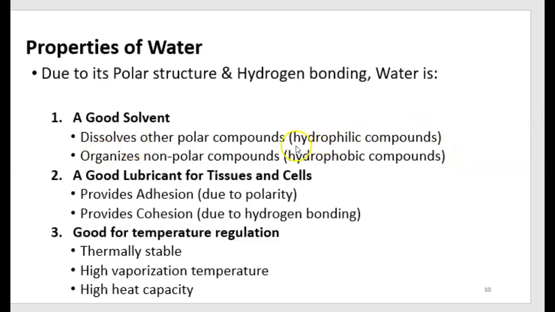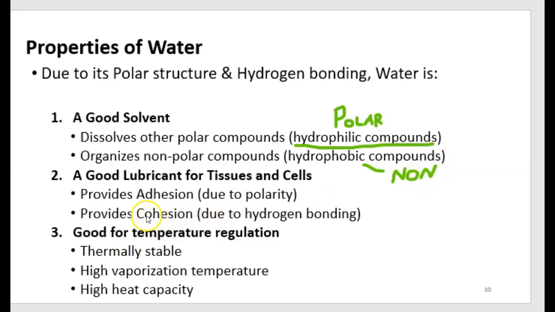For example, a hydrophilic compound would like water, so it would also be considered polar because water is polar. Whereas a hydrophobic compound doesn't like water. So that means it would be different than water and it would be considered nonpolar, which I've already got written there.